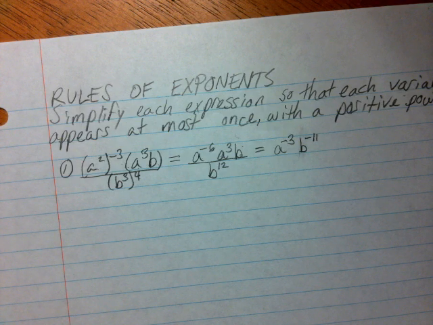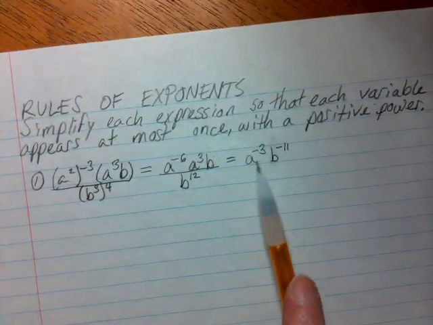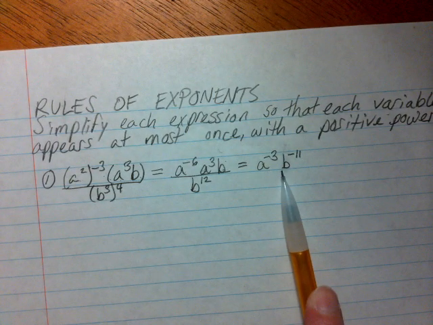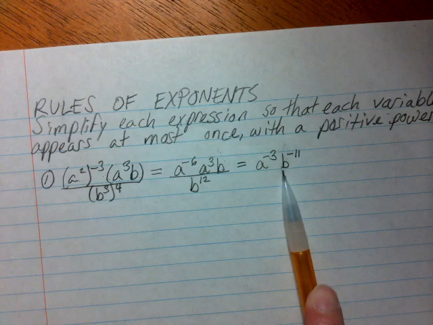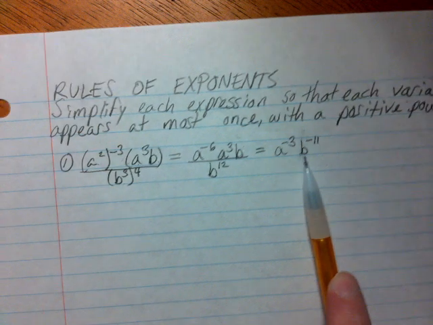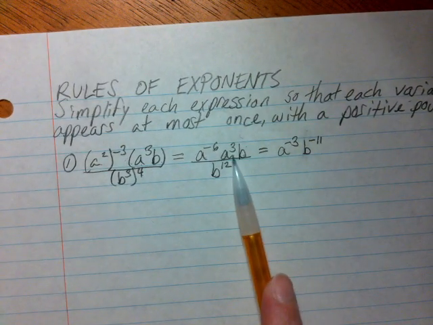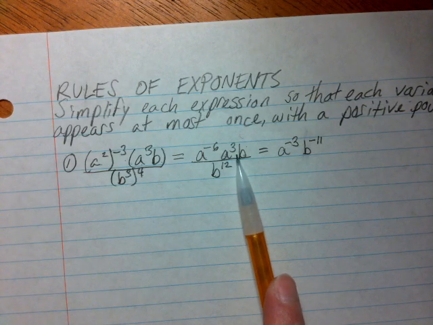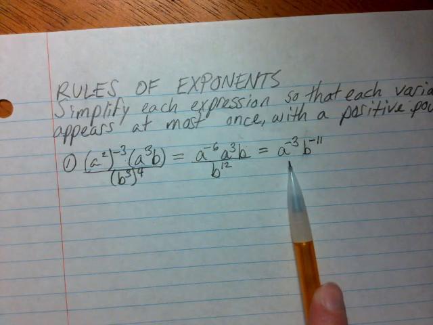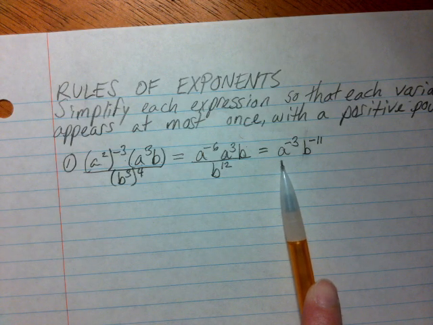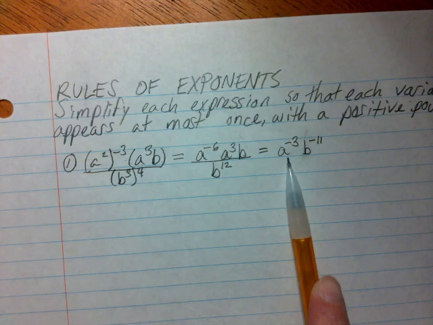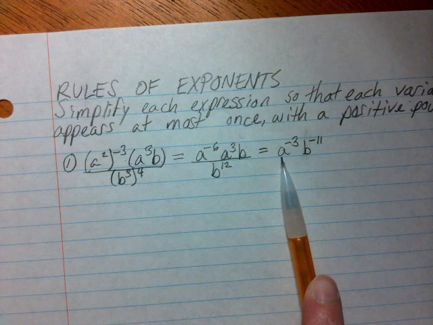Okay, so now we have just a 1 in the bottom, and we have negative powers up on the top. So when you have something like a cubed, that means multiply a together 3 times. So what does it mean to multiply a together -3 times? How do you multiply something a negative time?